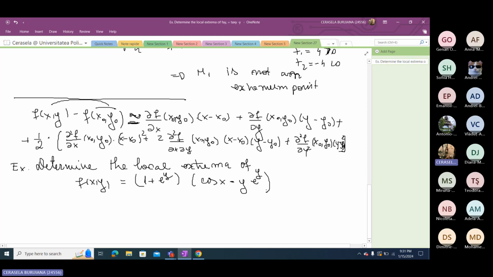Okay, that's it. But just a second. I'm not sure I wrote the exercise well. Just a second to check if it's written correctly, because otherwise we won't obtain anything. Sorry, I have to check if I wrote the exercise well.